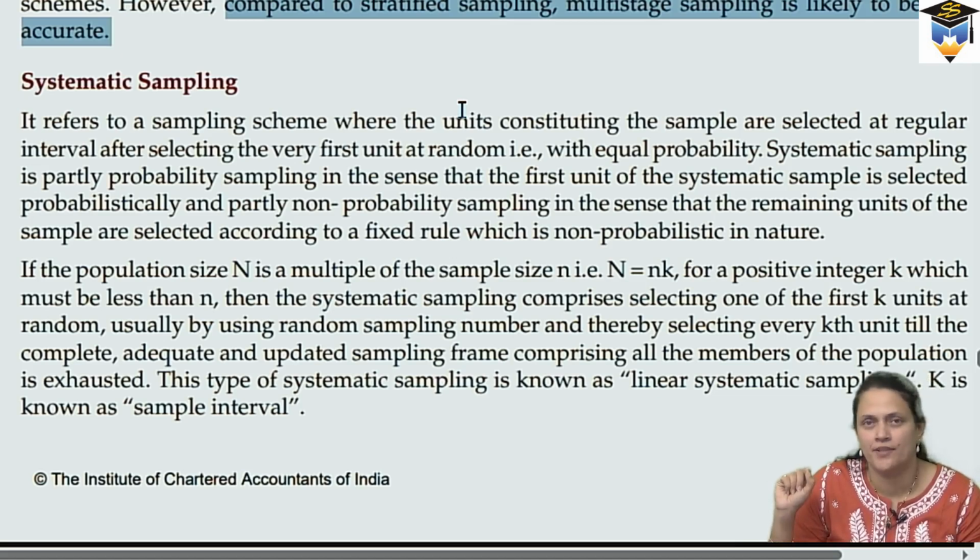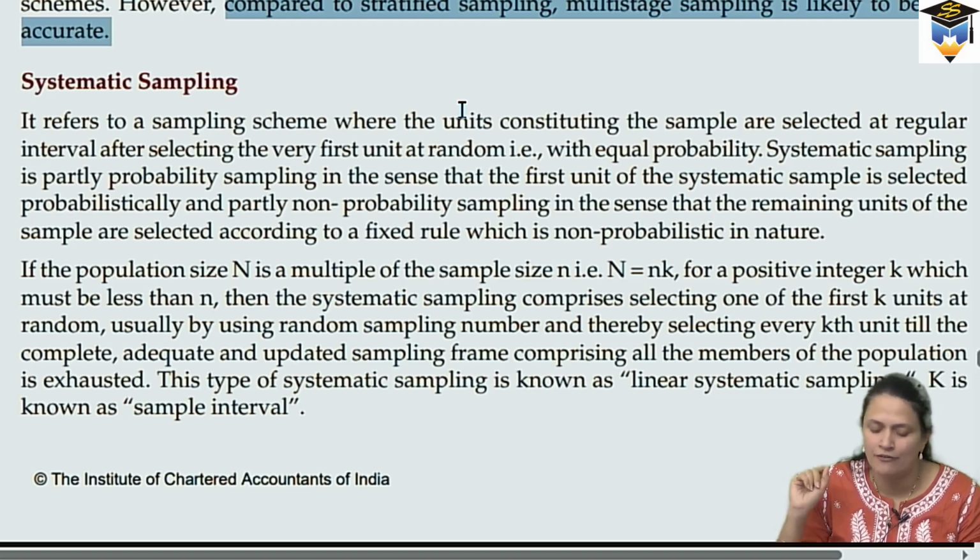If a researcher wants to sample 200 customers from a list of 1000, they might select every fifth customer after randomly choosing a starting point between 1 and 5. It is not given in the book, I am dictating.